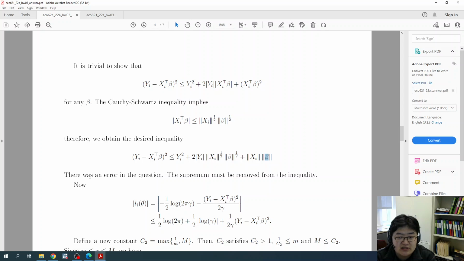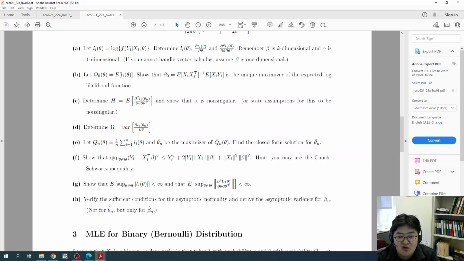By the way, I found yesterday when I wrote the answer that the question was wrong. You have to erase this part. You cannot have this because when you take the supremum over theta, the right hand side cannot have beta. The supremum is uniform over beta.